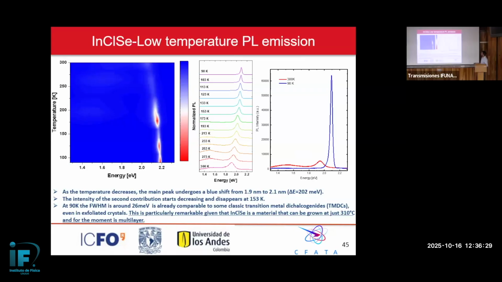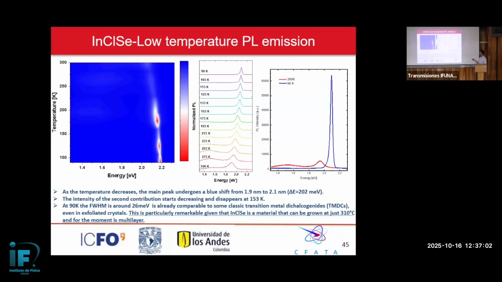When we cool down the sample, this happened. This is the evolution of the PL as a function of temperature. We start observing that this broad peak at low energy starts to disappear as the temperature changes, and the peak at higher energy becomes very narrow, about 20 to 25 milli-electron volts.